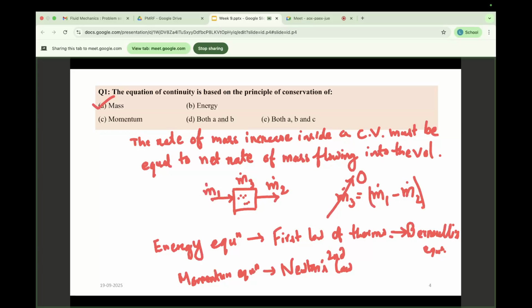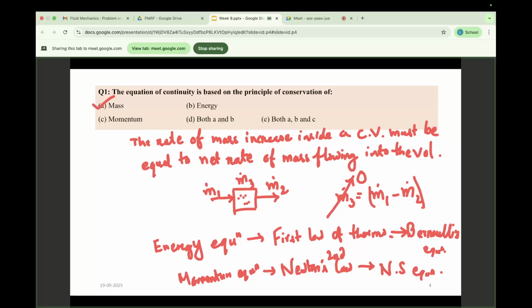So basically this is the same concept that has been implemented for fluid. We have to summarize the net momentum flow, and it should be equal to the applied force. So this is the basis of the Navier-Stokes equation, or even the Eulerian equation. So this continuity equation is the principle of conservation for only mass.